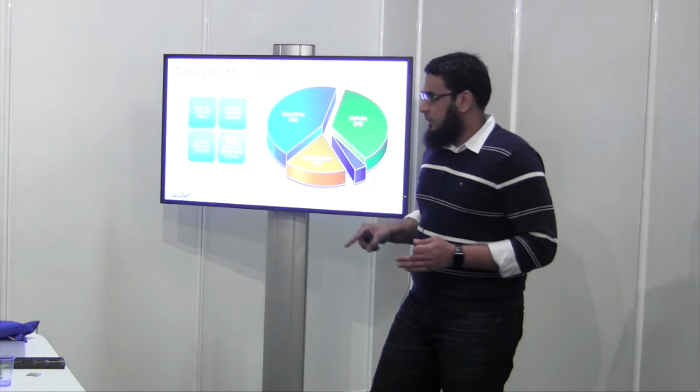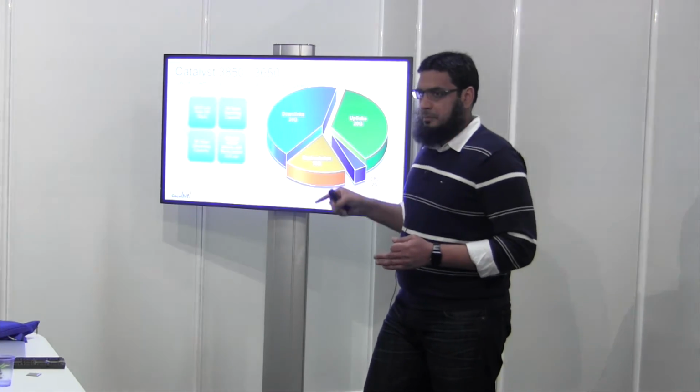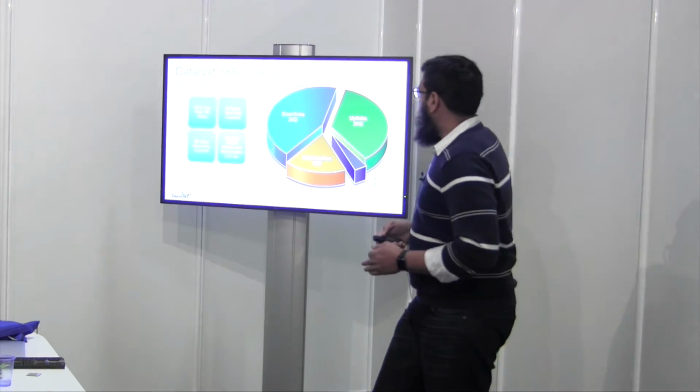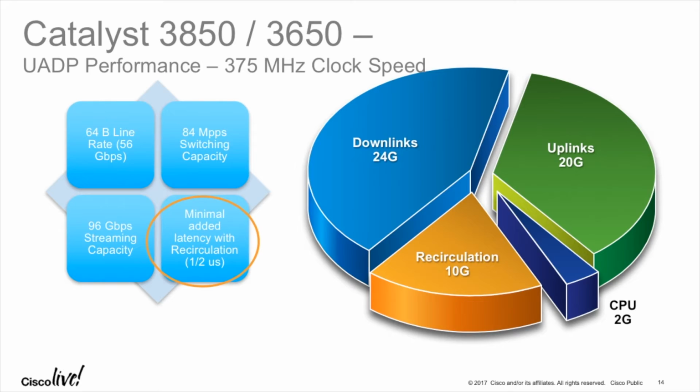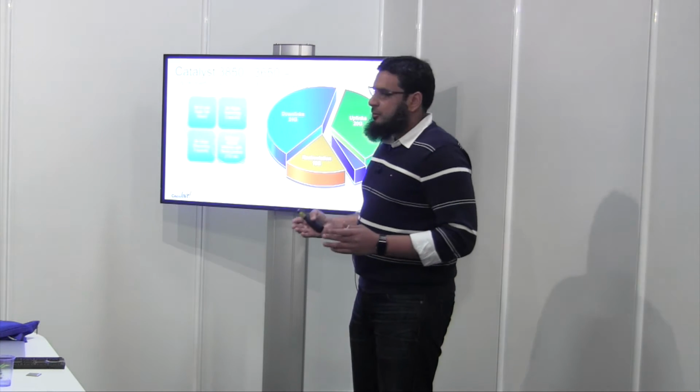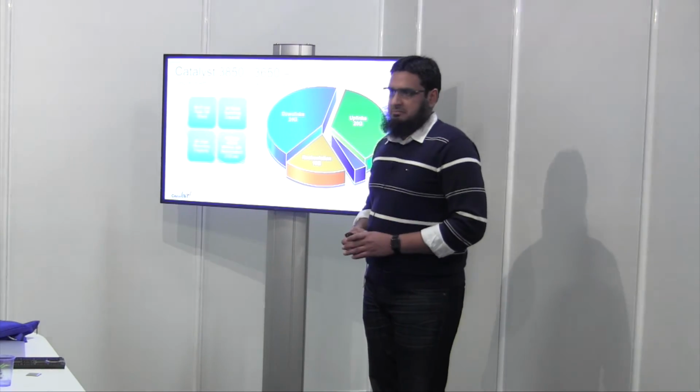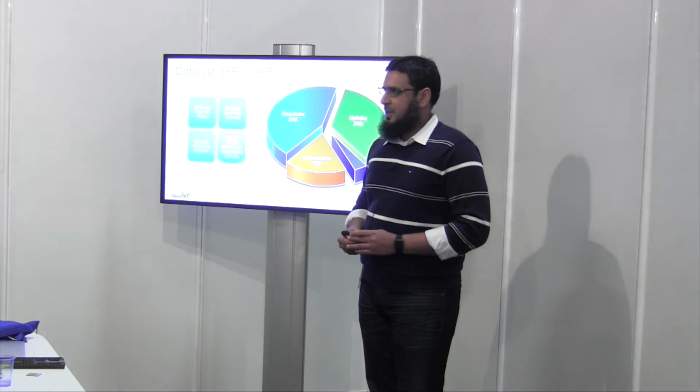But each recirculation means more time, right? And so how much time do we take for each recirculation? It's half a microsecond, okay? In Catalyst 3850 and the UADP ASIC, this is meant for campus environment, for enterprise environment. Half a microsecond in that environment is negligible, right?